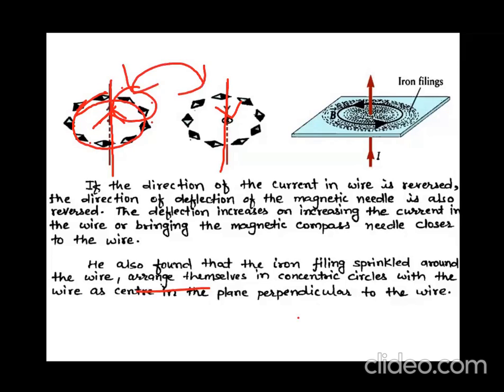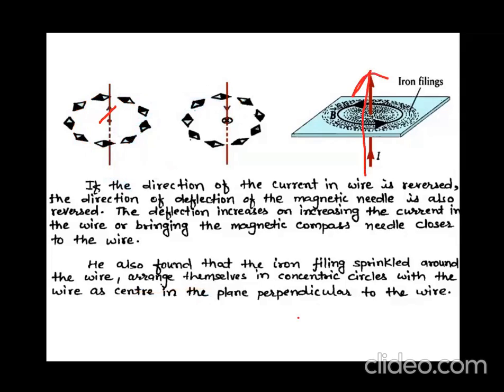Then he did one more experiment in which he took a straight wire and passed current through it in the upward direction. The wire passes through a piece of cardboard, and on the cardboard he sprinkled some iron filings, iron dust, right?